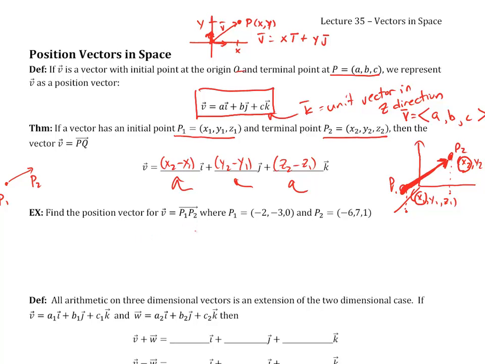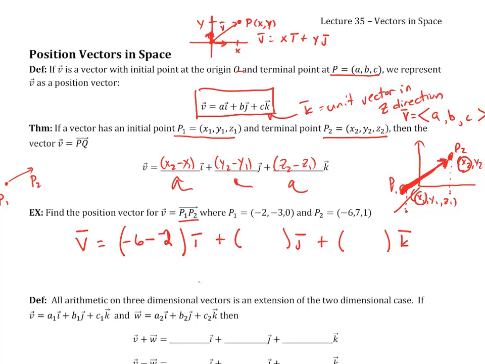So if v goes from p1 to p2 in this example, where p1 is the point -2, -3, 0, and p2 is -6, 7, 1, then the vector represented in component form is the second point, the end point, minus the first point.